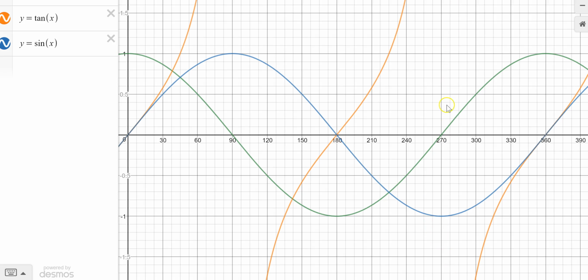That's not too surprising because that's a multiple of 90. So 180 degrees on from 90, I get to 270, and that's where the next asymptote occurs. So we've got three graphs here, two that look fairly similar, the third one which looks quite different, and that is what the trig graphs look like.